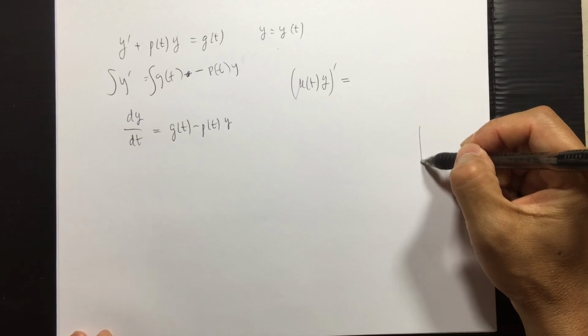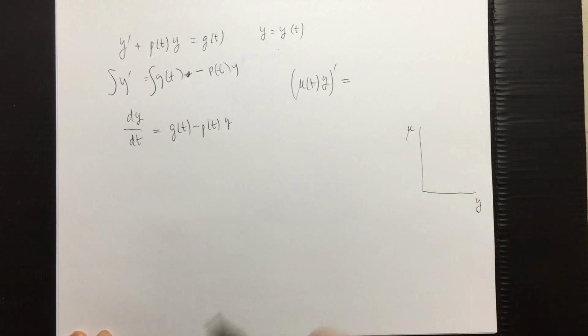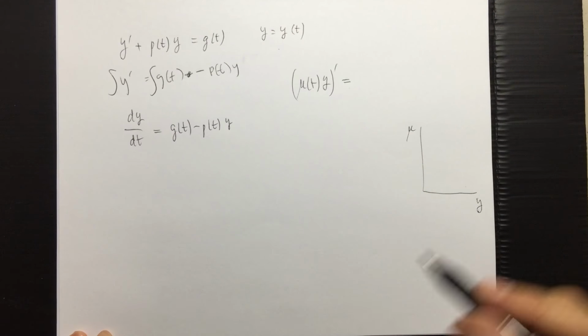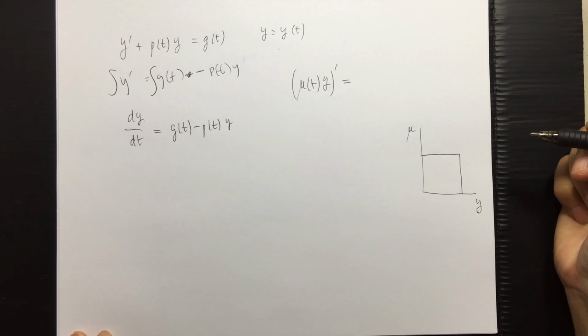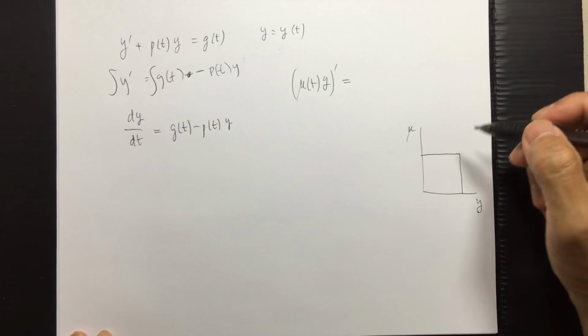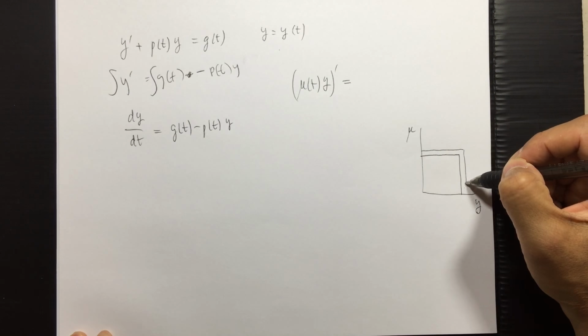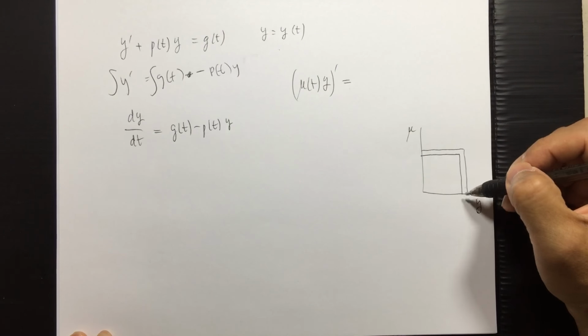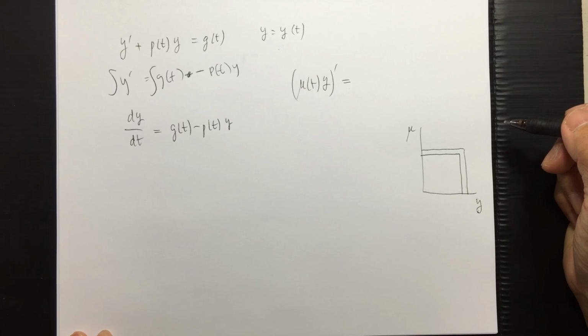Let's say this is y, this is mu. This is mu multiplied by y. When mu and y increase a little bit, you're talking about something like this difference, all against t.